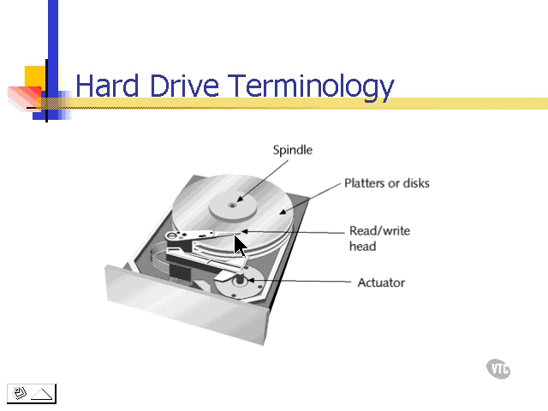The read-write head, which floats on a cushion of air above the platters and is able to write data by magnetizing the metal, or to read data by reading the magnetization of the metal. And the actuator, which controls the position of the read-write heads. Let's take a closer look at the role that each one of these plays.